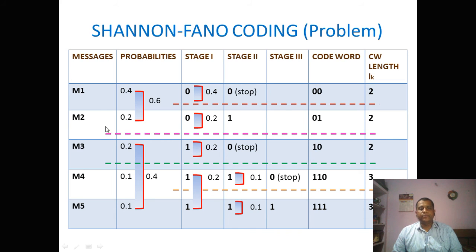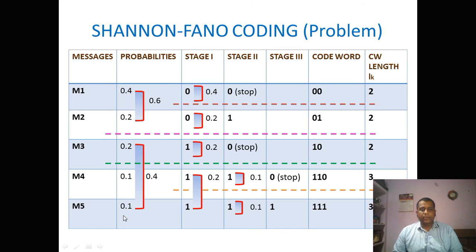For example, for message M1, having a probability value of 0.4, in stage 1 I have a logical 0, and in stage 2 I have a logical 0, which is written as the code word 0 0.